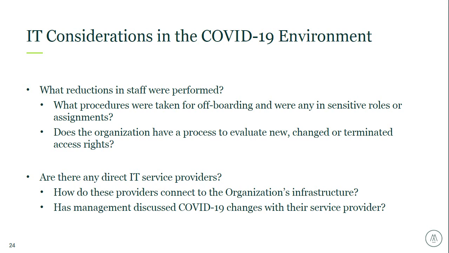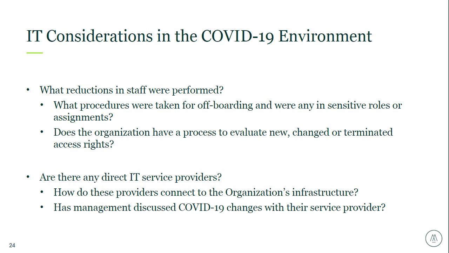First, what, if any, staff reductions were performed? As part of those reductions, what procedures were taken for offboarding, and were any staff in sensitive roles or assignments? Does the organization have a process to evaluate new, changed, or terminated access rights?